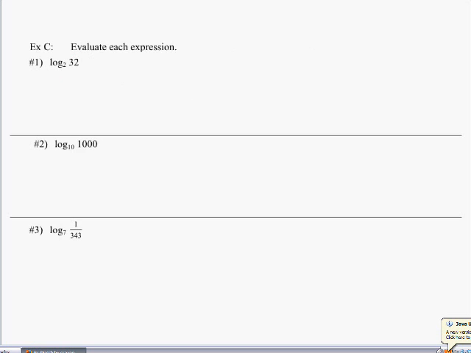Example C, evaluate each expression. There's lots of different ways to do these problems. I will show you a couple different ways to do some of these, and then when you can do some on your own, you can choose which method you would like.